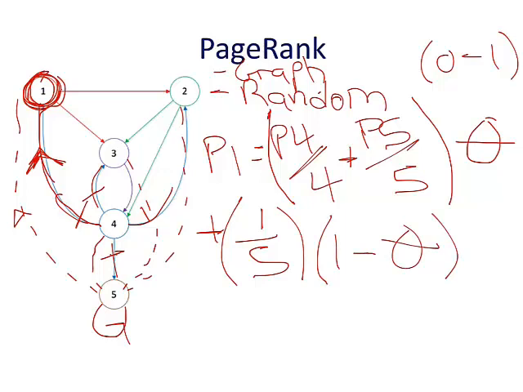And we can write it out for the other nodes as well. For instance, we can try for node 4. So P4 is going to be equal to P3 plus P2 over 2.